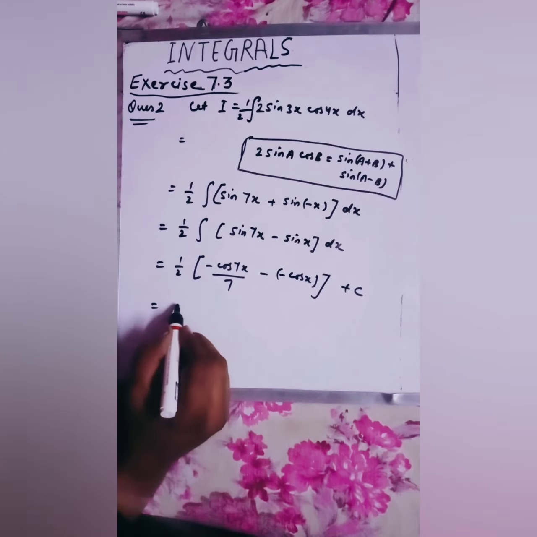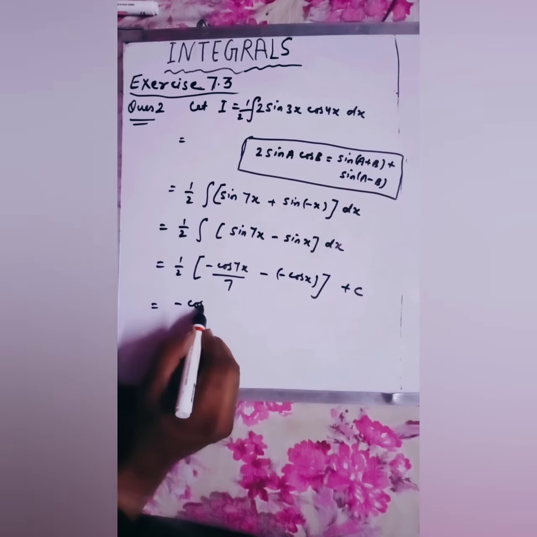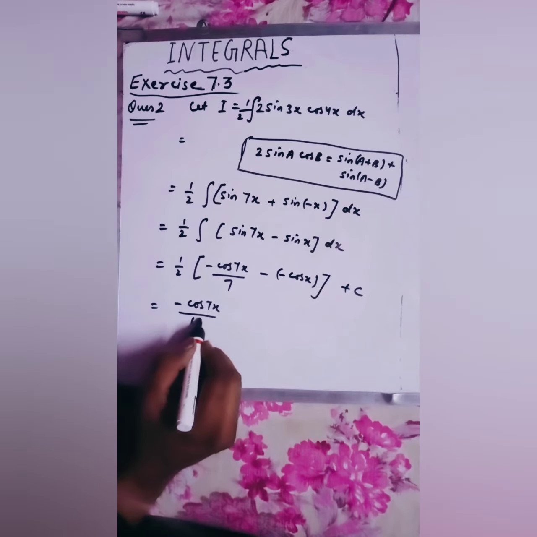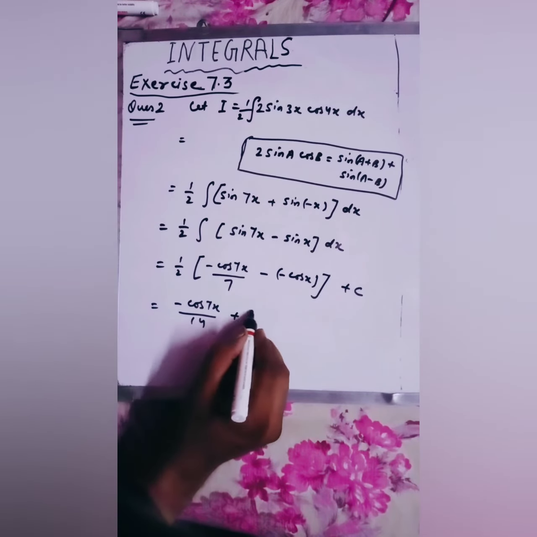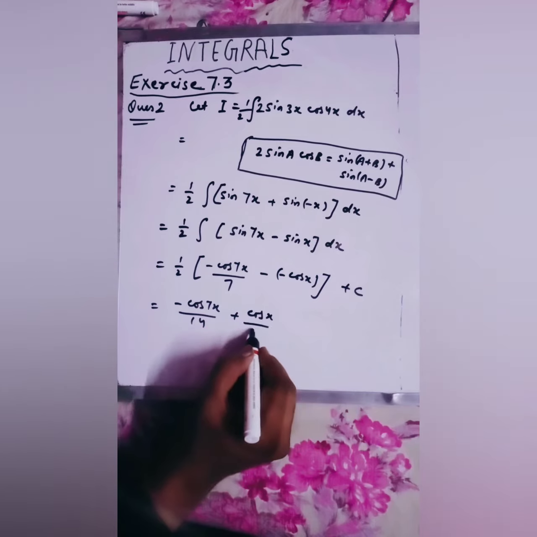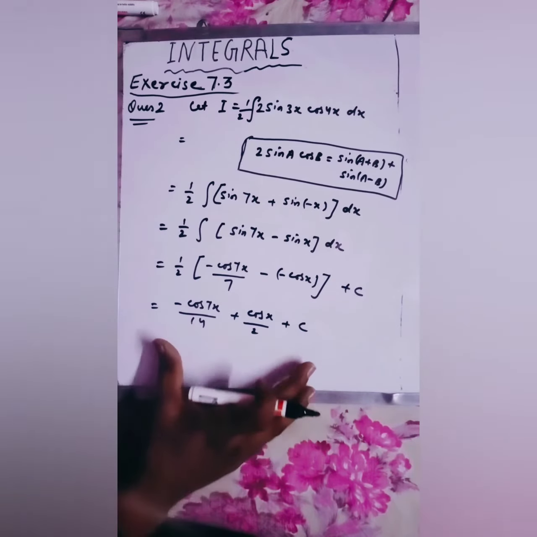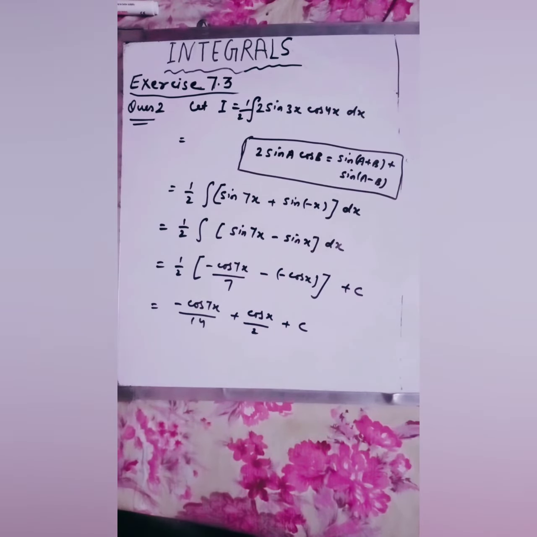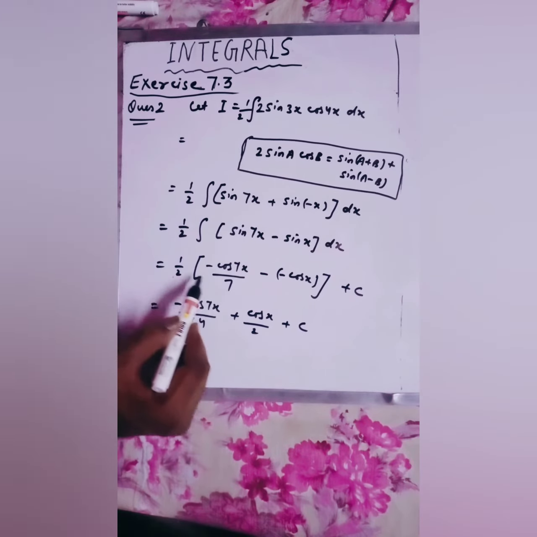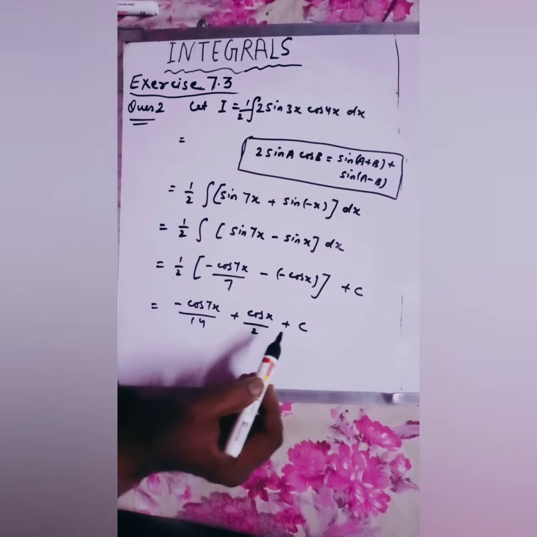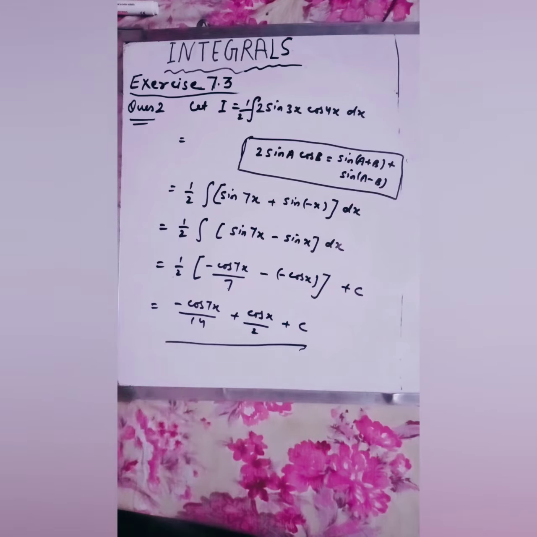You have to insert this half, and finally you will get minus cos 7x upon 14 plus cos x upon 2 plus c. You have to multiply this half with this one and this one also. So you will get this. So this is your final answer.